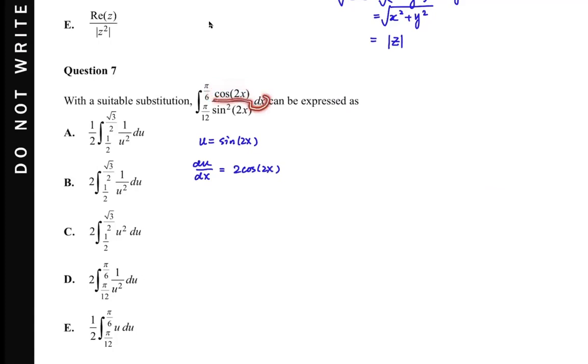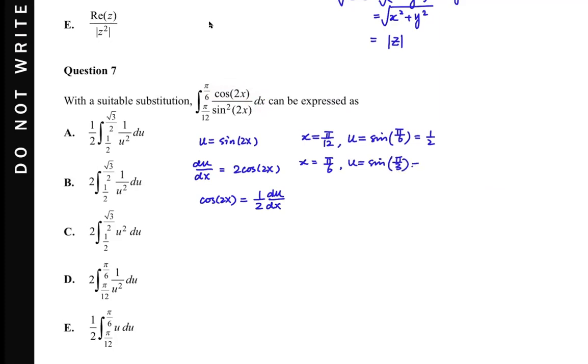So now I can combine these two to become half du. And then don't forget to change your terminals. When x equals pi on 12, your corresponding u value will be sine pi on 6, which is half. When x equals pi on 6, the u value will be sine twice pi on 6, which is sine pi on 3. This gives you root 3 on 2.